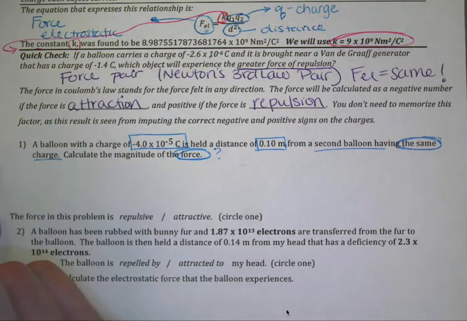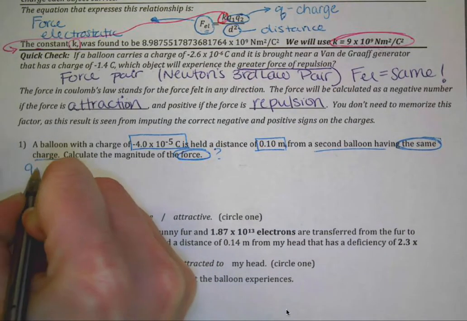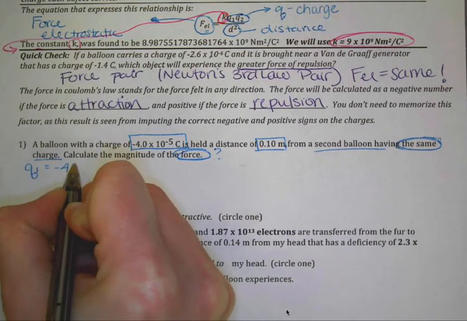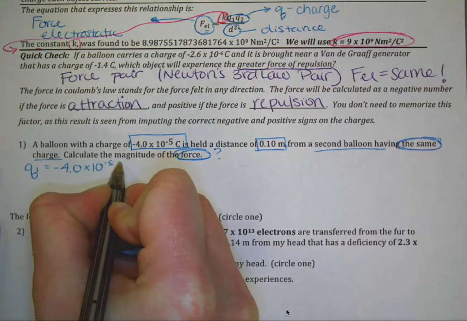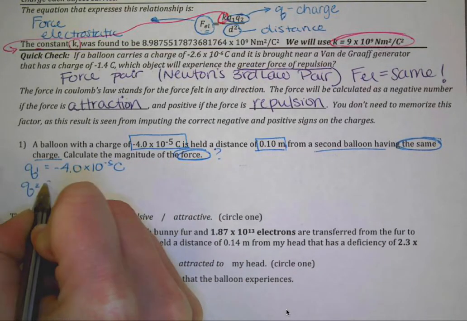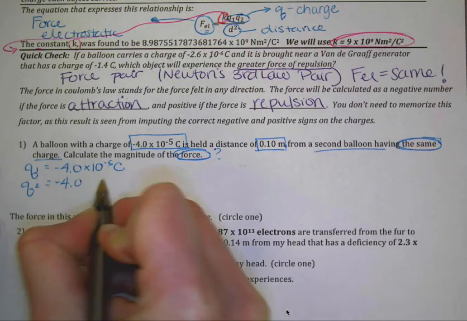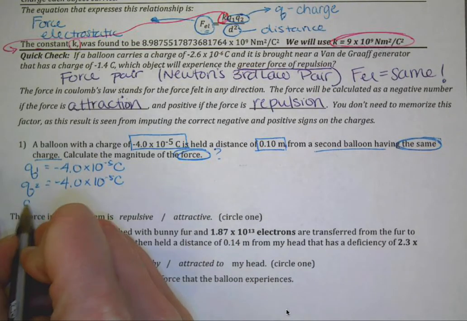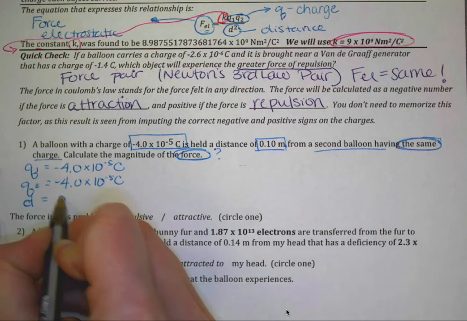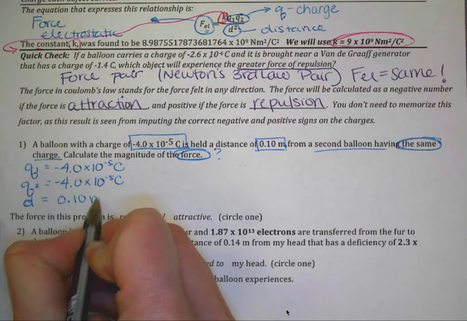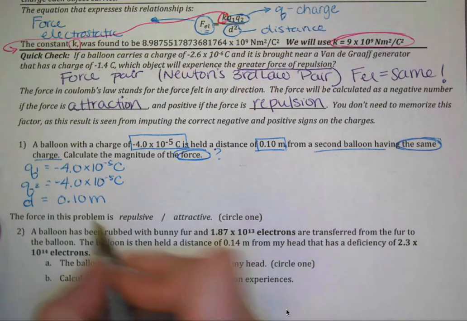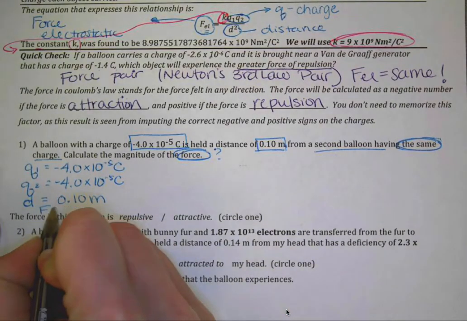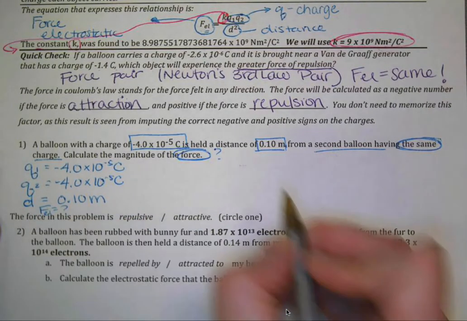You can write out your knowns. We do know that Q1 is equal to negative 4.0 times 10 to the negative 5 coulombs. Q2 is the same, so that is also negative 4.0 times 10 to the negative 5 coulombs. The distance d is 0.10 meters, and we are looking for F, or F_EL.